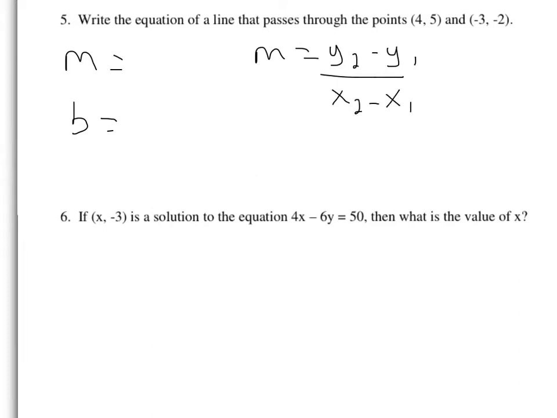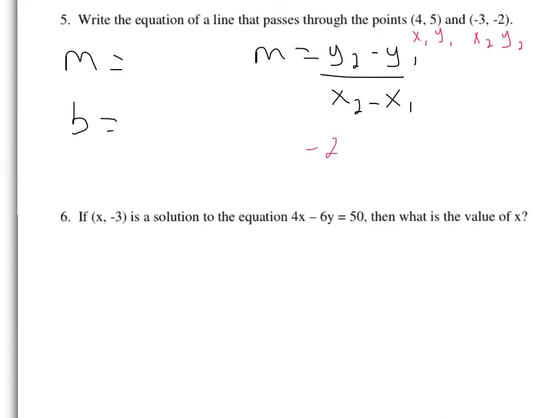So we'll label x1, y1 and x2, y2. And we'll substitute the values in. So the value of y2 in this set of ordered pairs is negative 2.